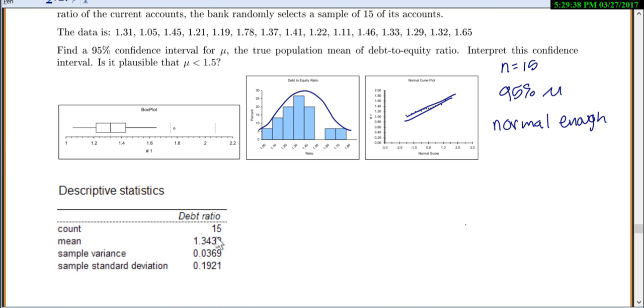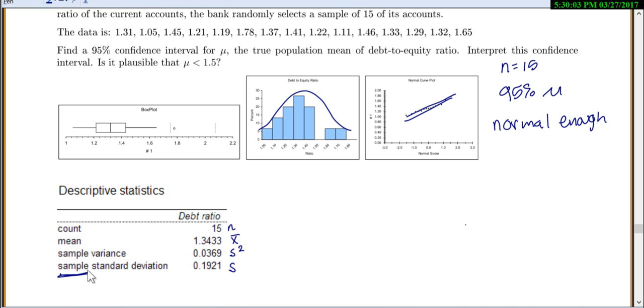And then you'll see in class, I start to put in these descriptive statistics. This is just using Megastat to run the data analysis on the data. So you can see the count, that would be n. You can see the mean, that would be x bar. Sample variance, that would be s squared. And sample standard deviation is s.